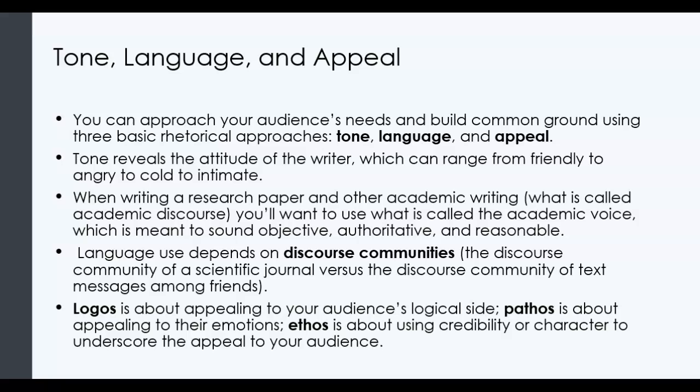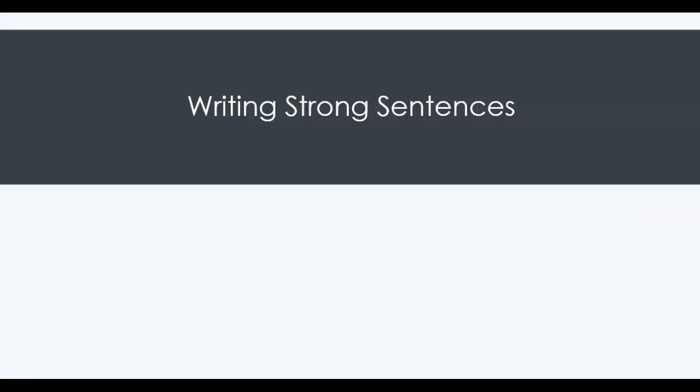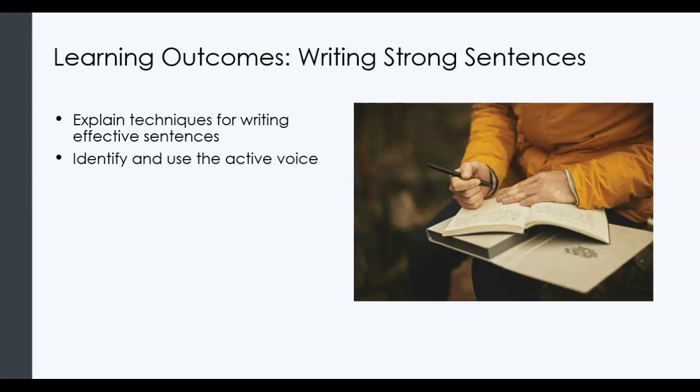Language use depends on discourse communities: the discourse community of a scientific journal versus the discourse community of text messages among friends. Logos is about appealing to your audience's logical side. Pathos is about appealing to their emotions, and ethos is about using credibility or character to underscore the appeal to your audience.